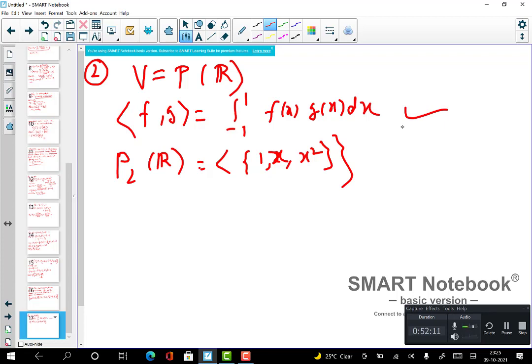So let me first find out the orthogonal basis, and that is called Legendre polynomials. So what are the Legendre polynomials? Let me just define it here.